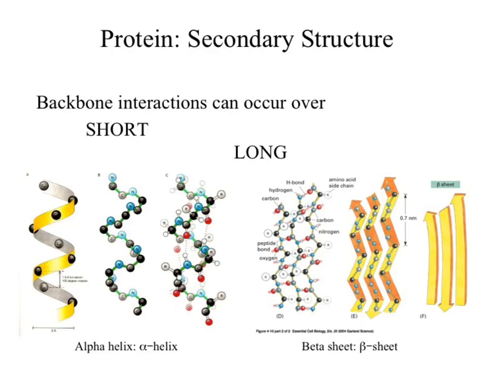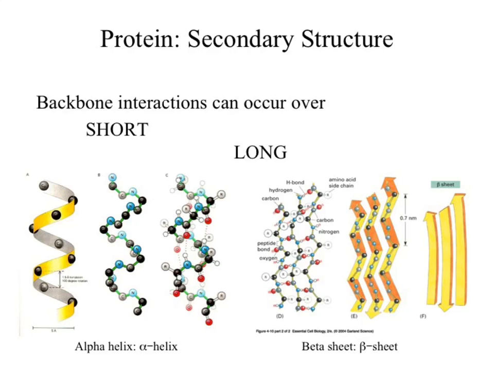If we're looking at an interaction between a peptide or protein sequence that is a long distance away, that isn't really going to be an alpha helix, because in an alpha helix we have to interact all the way around.